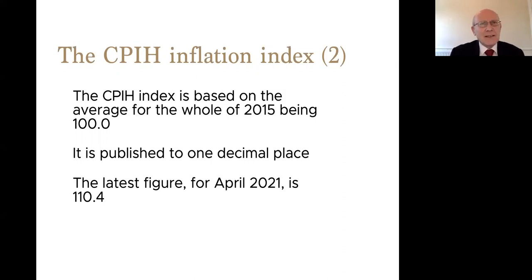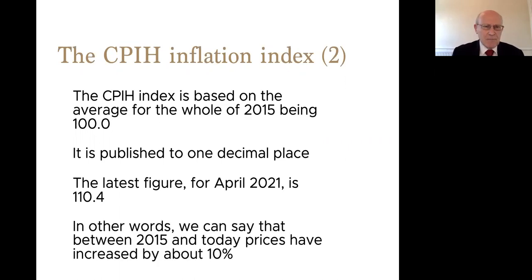It's very easy on the internet to find a table of the CPIH index figures for each month going back over the years. And the figure being 110.4, we can see from that it's telling us that, roughly speaking, between 2015 and now, prices have increased by about 10% over a period of 6 years. So as I said, sort of 1 or 2% per annum on average.